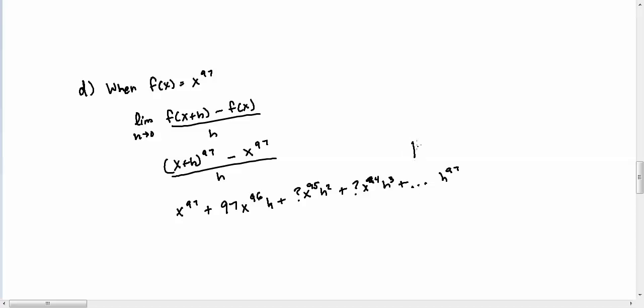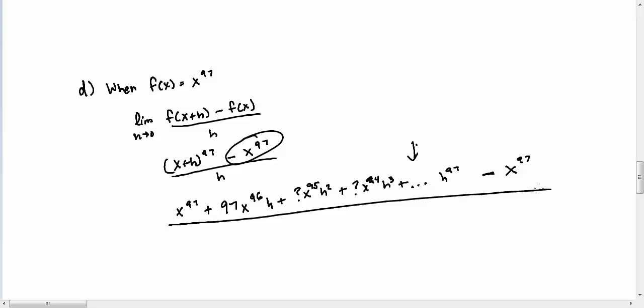There's a whole bunch of numbers inside here that I don't really care about. I'm going to slap on a big minus x to the 97th power. That comes from here. Divide all that by h.